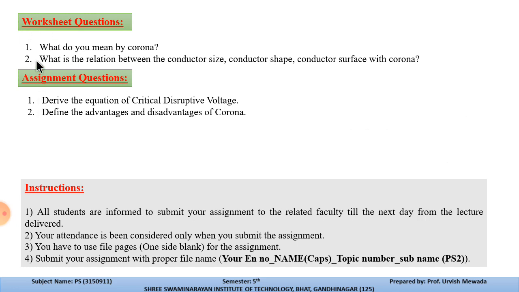The worksheet questions are: what is meant by corona, and what is the relation between conductor size, conductor shape, and conductor surface with the corona. The assignment questions are: derive the equation of critical disruptive voltage, and the second question is define the advantages and disadvantages of the corona. The instructions related to the assignment question and worksheet questions are written below them. Please read them carefully. You can take a snap of this.